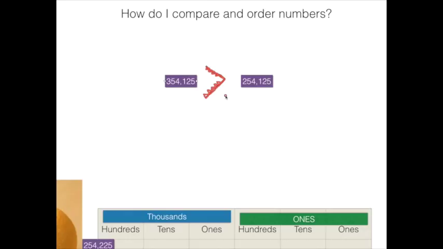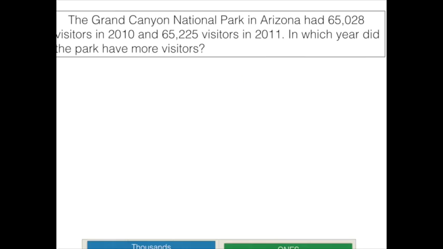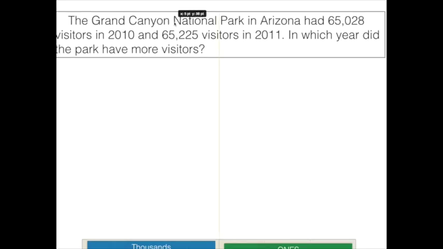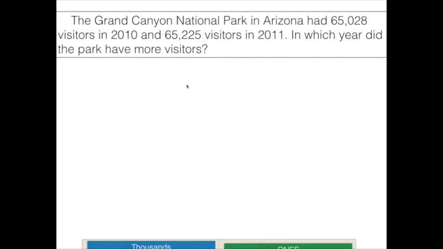Now, that's all fine and good. Let's take a look at how that might look in an actual word problem. So I've got one right here for us. The Grand Canyon National Park in Arizona had 65,028 visitors in 2010 and 65,225 visitors in 2011.